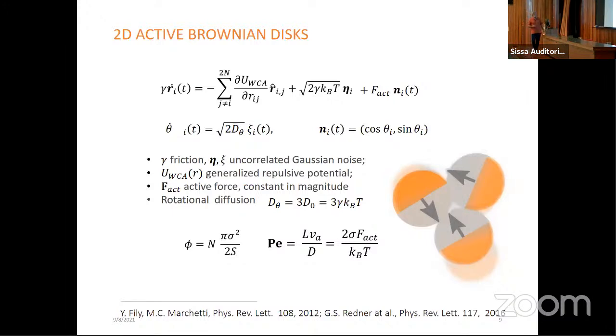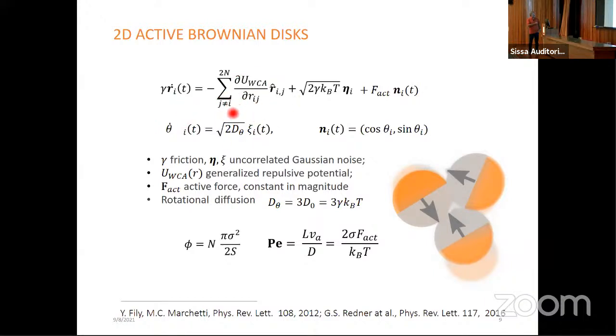And now this is the model that I said before that we consider. This is a model originally introduced by Fily and Marchetti for describing these active colloids, of which we saw before a realization. And i is just the index for each particle. So for each particle, we simulate an overdamped Langevin equation.